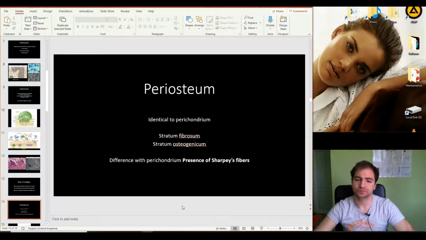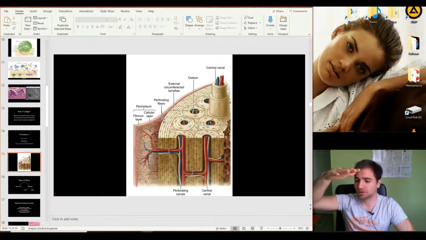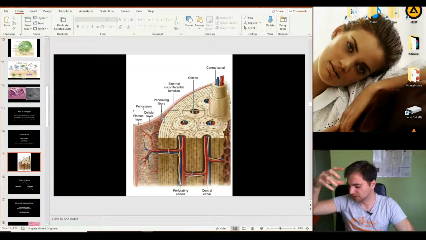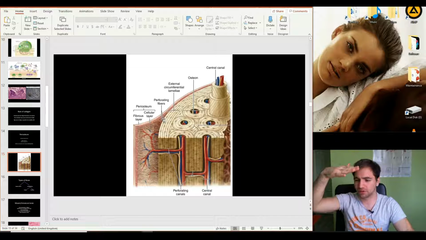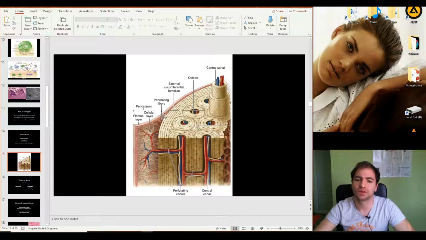These are called the perforating fibers, the second name being Sharpey's fibers. They attach the periosteum, which is loosely attached on its own, very tightly within the bone in the lamellae. We'll discuss what the lamellae are.